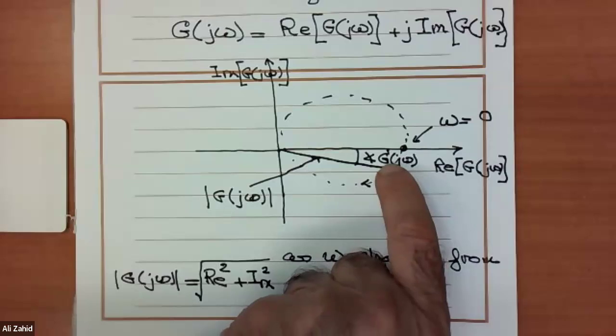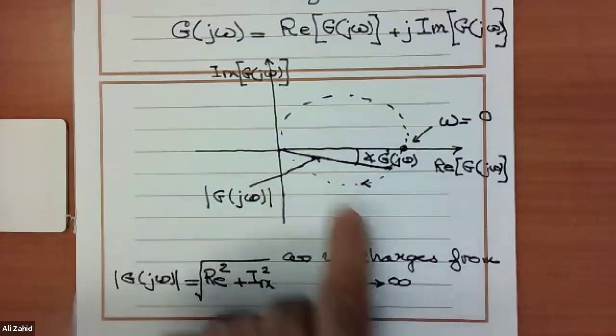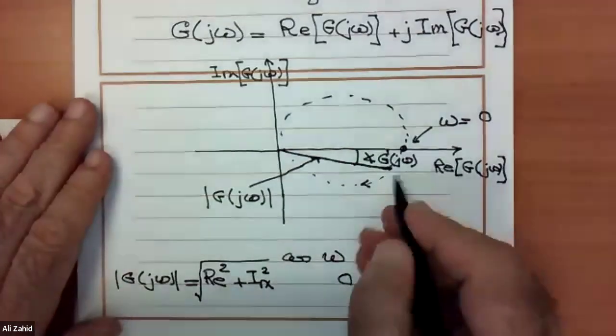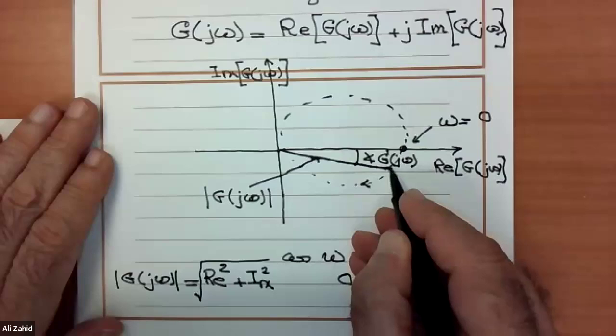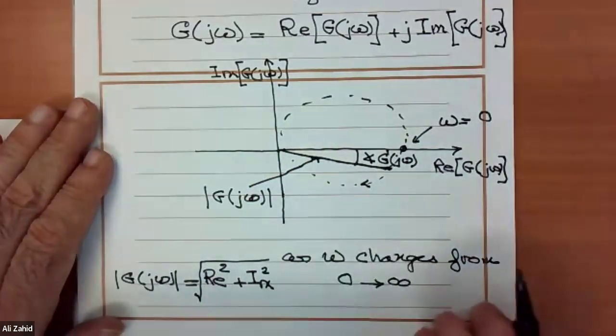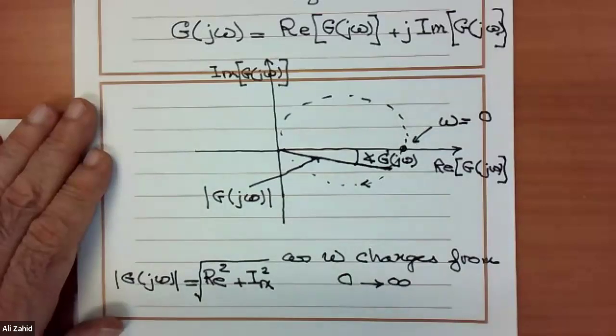Notice that as omega increases, will the magnitude change? As omega goes here, remember, as you move around the Nyquist plot, omega is changing.